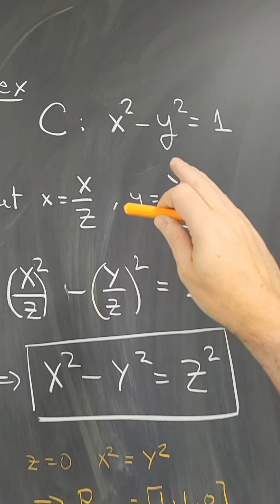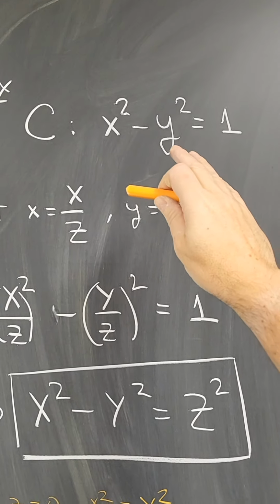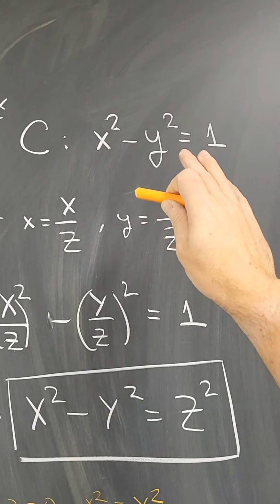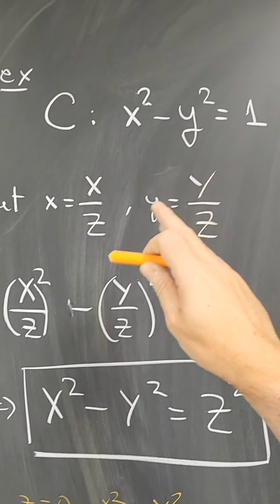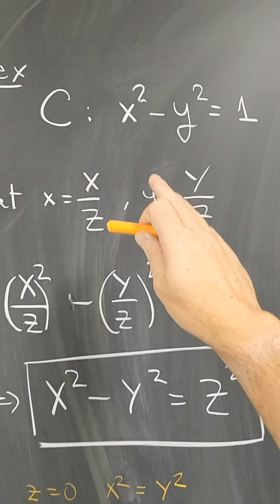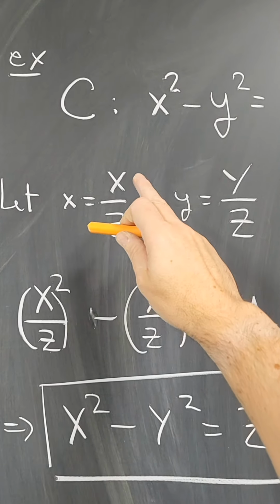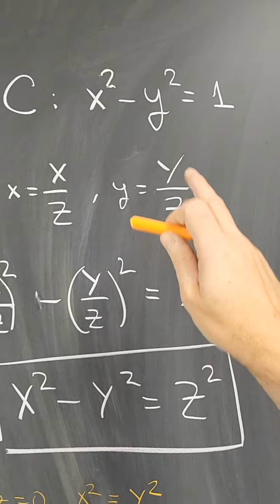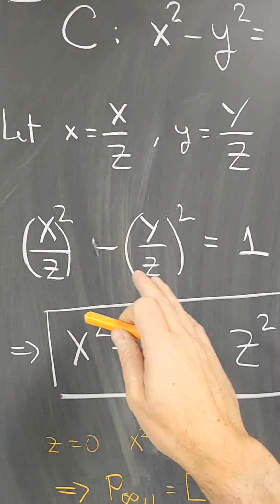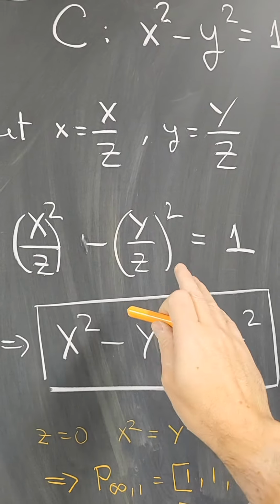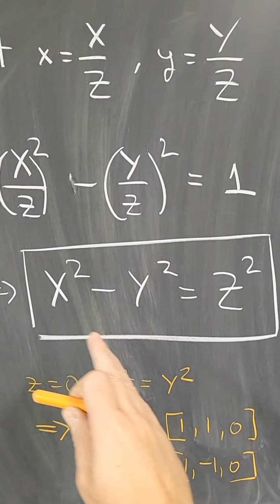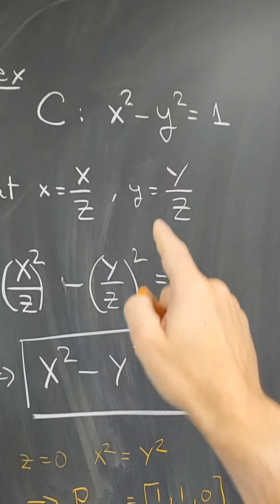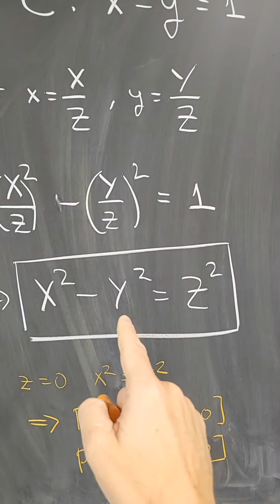Now let's go backwards. Let's start with an affine curve, and I want to find the projectivization. To do that, I imagine this is an affine chart of a projective curve, and using the same identification I had before, little x would be the projective x divided by z, and little y would be the projective y divided by z. Plug those back in and simplify by multiplying through by z squared, and I get this equation. This equation is the projectivization of that curve, because this is an affine chart of that one.